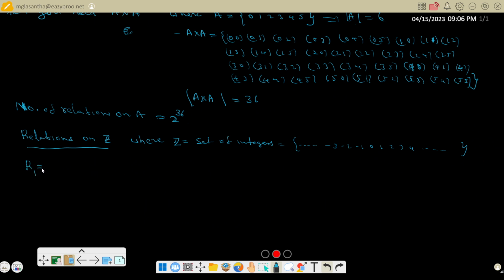R1 you can write like that: (x, y) such that x minus y is divisible by 5. Right? So this is a relation.